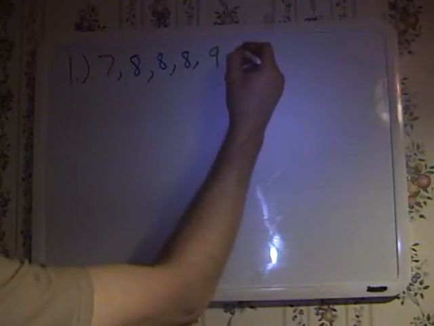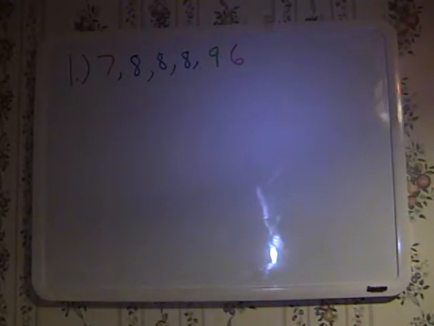And let's just throw a 6 on here on the end, and throw that Oxford comma in there. Okay, it's not really an Oxford comma because it's necessary. It's not following an "and." Okay, to answer question number 1.